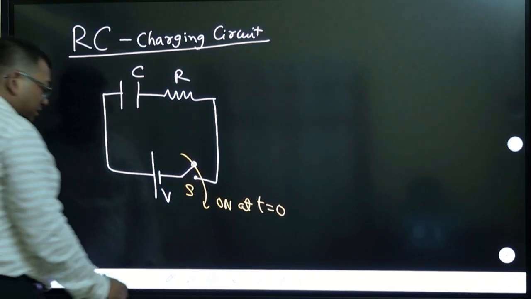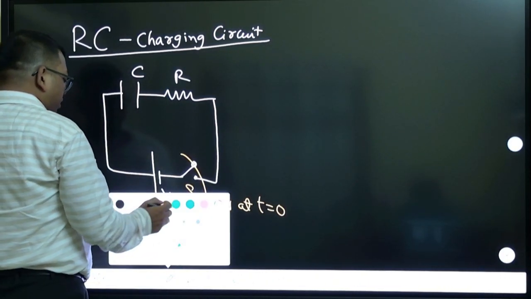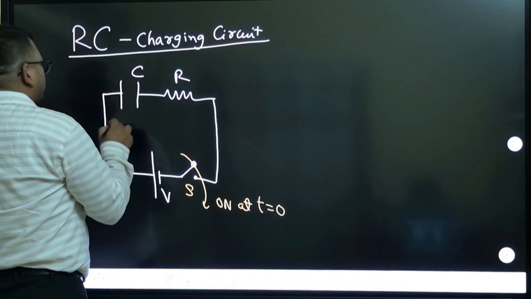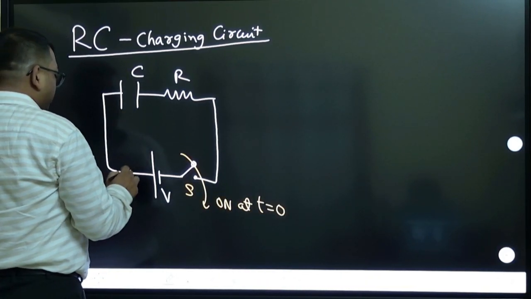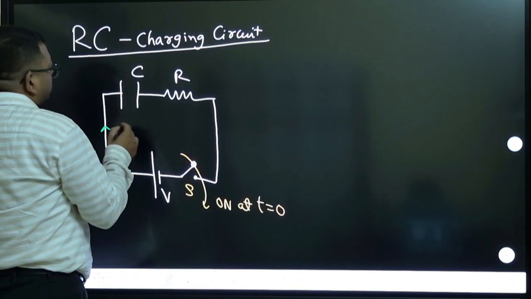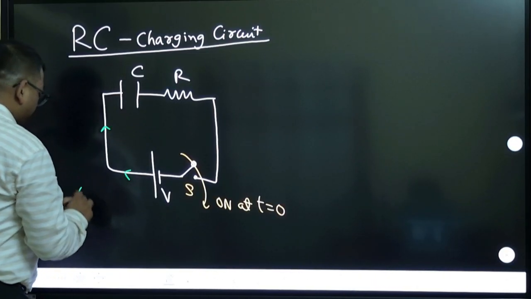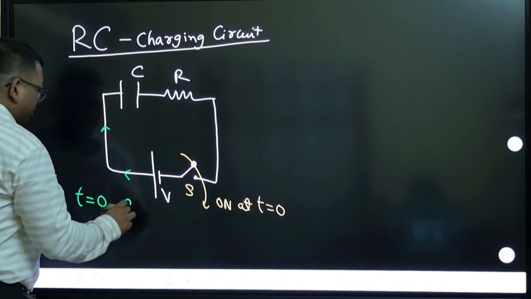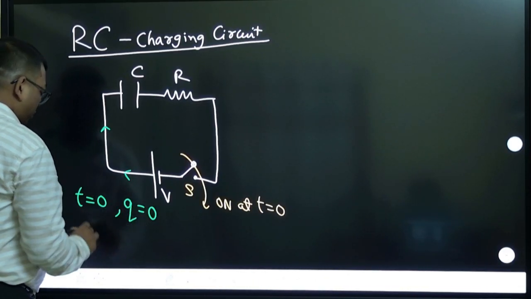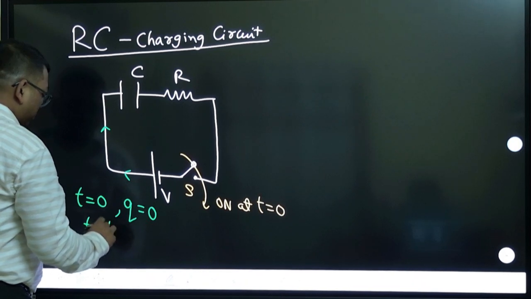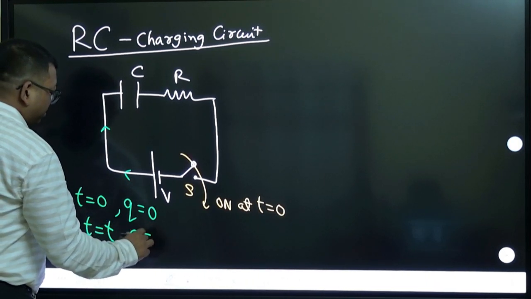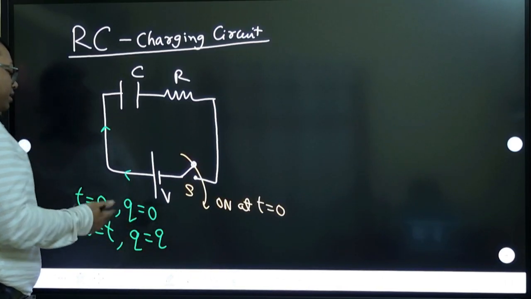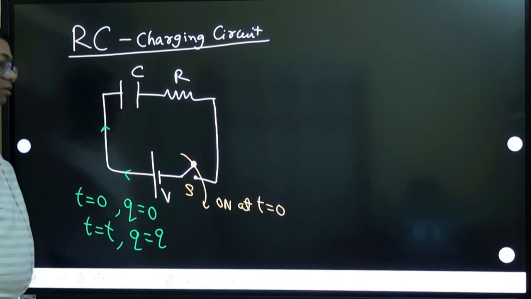So what happens is that initially there was no charge in the capacitor, but gradually current will start flowing, so charge will develop. So at time 0, the charge on the capacitor is 0, and as some time passes, some charge will develop here, and this charge will increase.